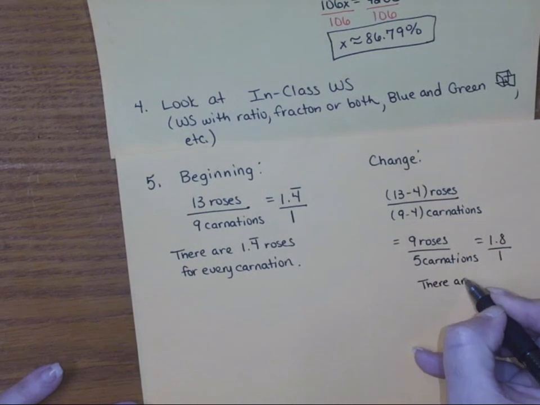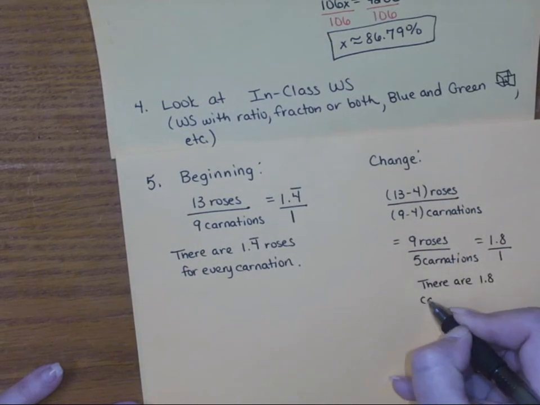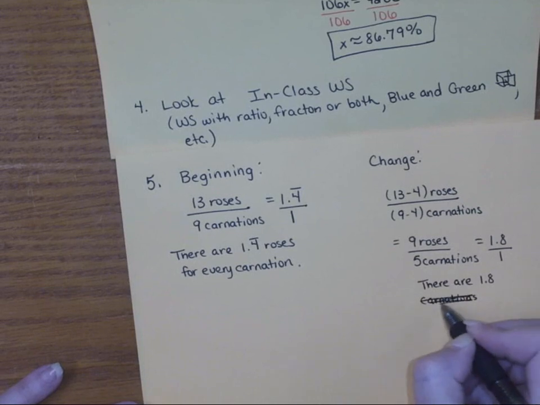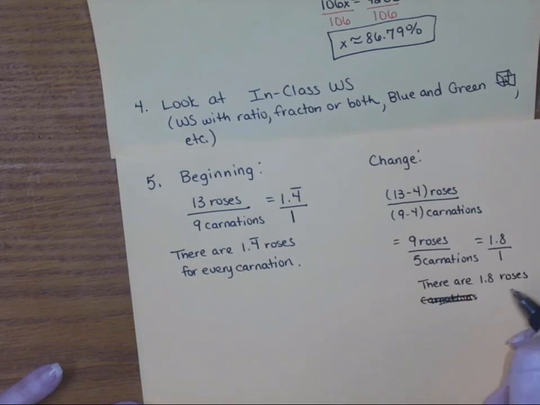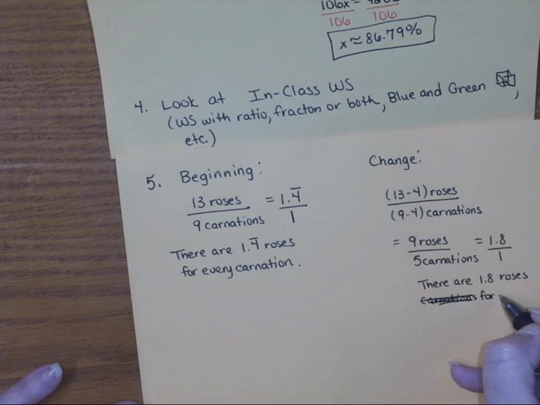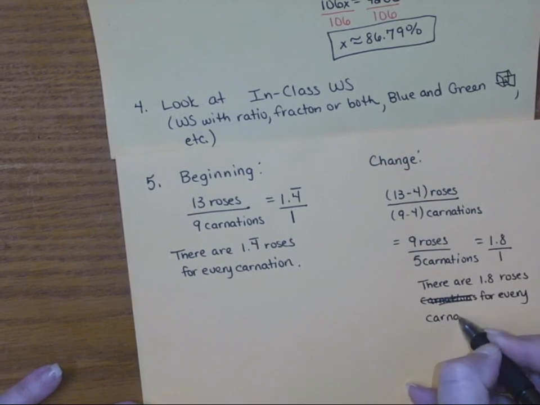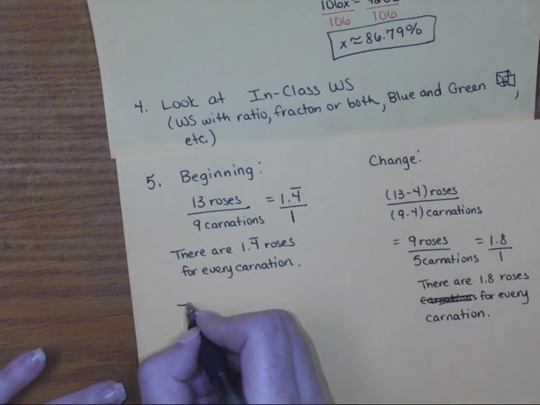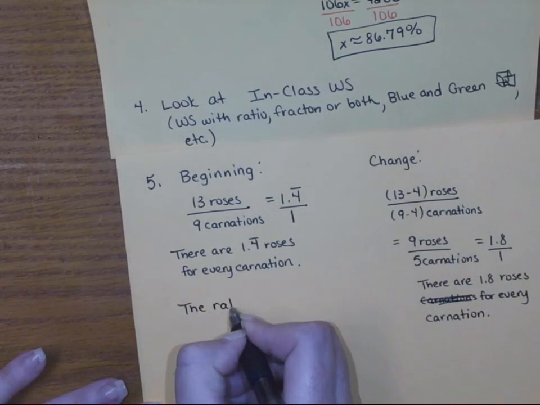So notice the meaning of this. This means there are 1.8 carnations. Sorry, not carnations, roses. Since roses is on top for every carnation. Okay, so notice the ratio actually increased.